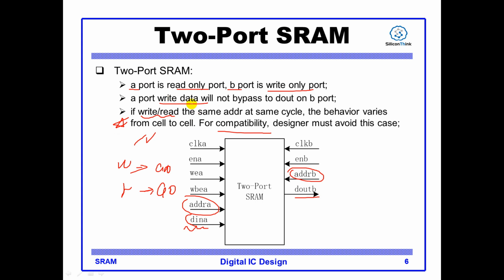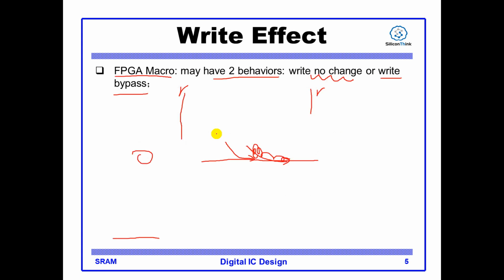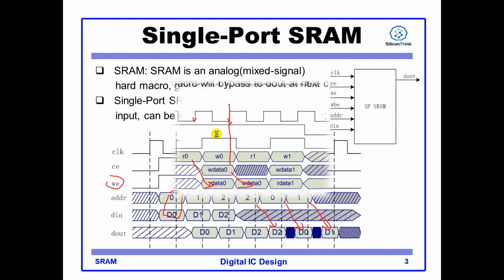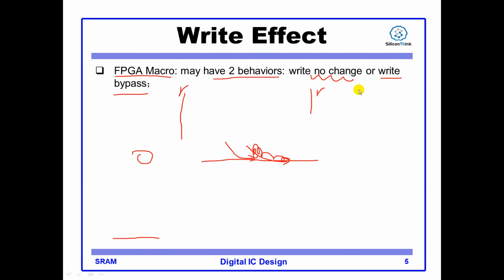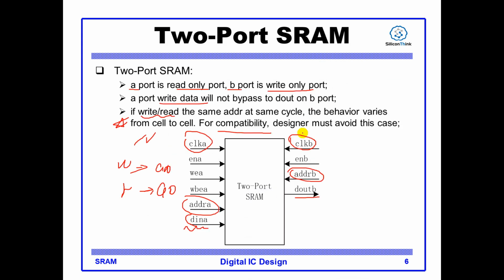And for 2-port SRAM, write data will not bypass to D out of B port. And the clock A and clock B can be connected to different clock source. Yes, for single port, you can say we just have one clock input here. But for 2-port, usually you have 2 clock input.